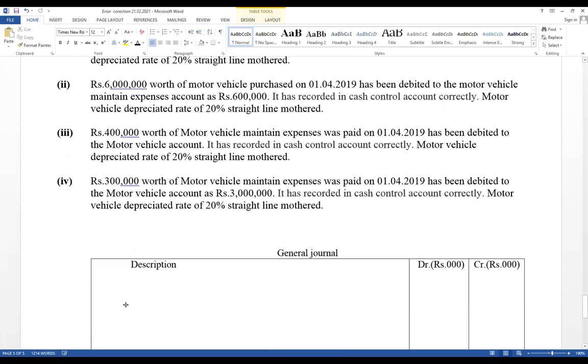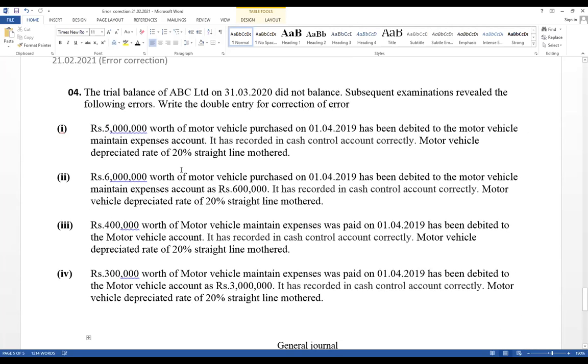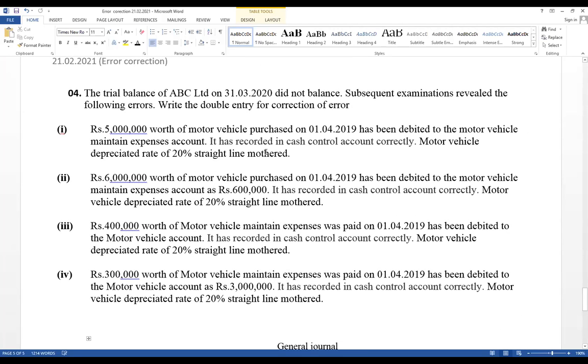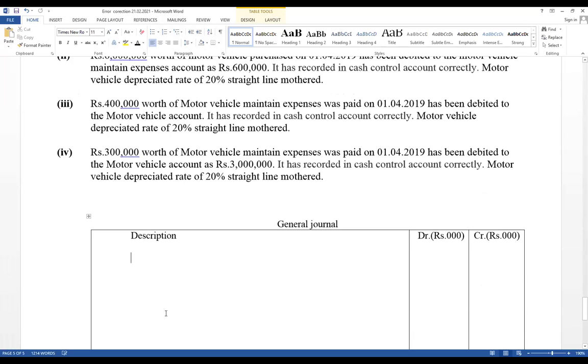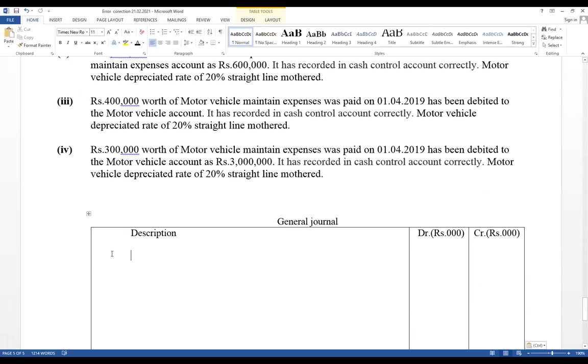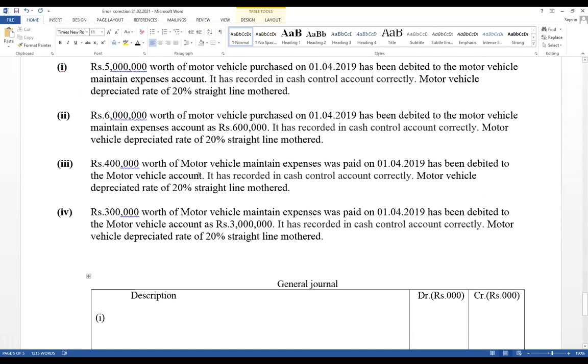Right. First one: motor vehicle account debit 5,000, maintenance expense account credit 5,000. Not affecting suspense, reason: value equal. I will discuss later: if the value is not equal, those also affect suspense. Therefore, motor vehicle account debit, maintenance expense account credit 5,000. Values are in 1,000.